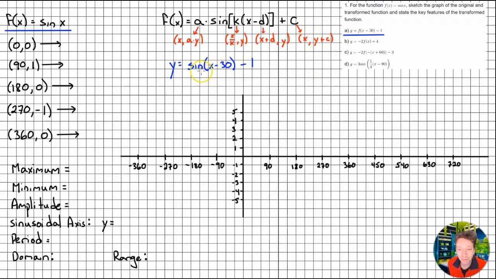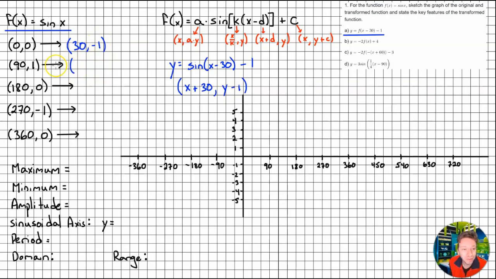So in this case, we have a horizontal shift, so we are going to take our x-coordinate and add 30, so x plus 30, and then we're going to take our y-coordinate and subtract 1, so y minus 1. That's going to be our new coordinates. So if I do it for (0, 0), I have (30, -1).